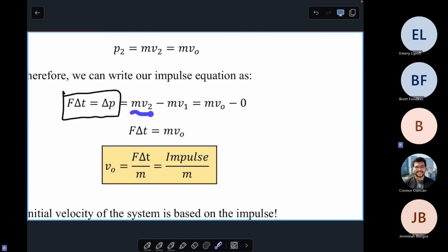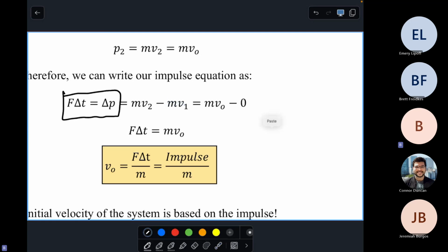So this is after, this is before. If it is not moving before, this term is zero, which means we can say the velocity immediately after the collision is the impulse over the mass. We will represent that as the initial velocity of the system. Any questions about this concept?